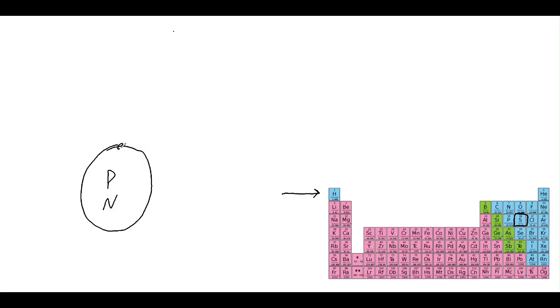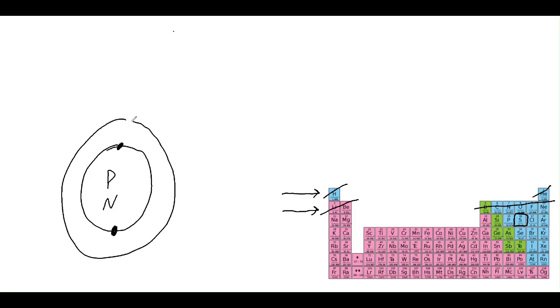So the first row is filled, and that holds 2 electrons in the first shell. The second shell is also going to be filled because sulfur is on the next row down. So we have a filled second shell, which is represented by the second row on the periodic table. That's going to give us 8 electrons in that second shell.